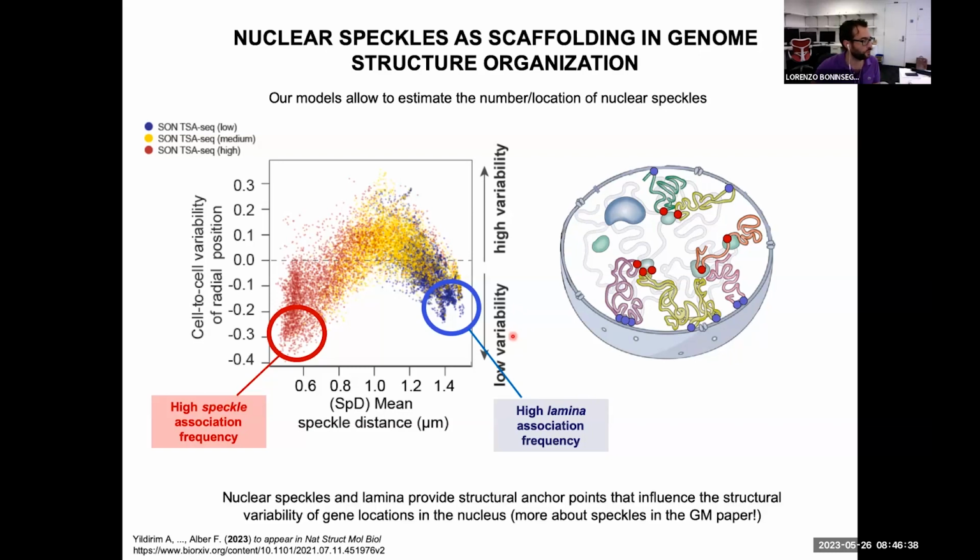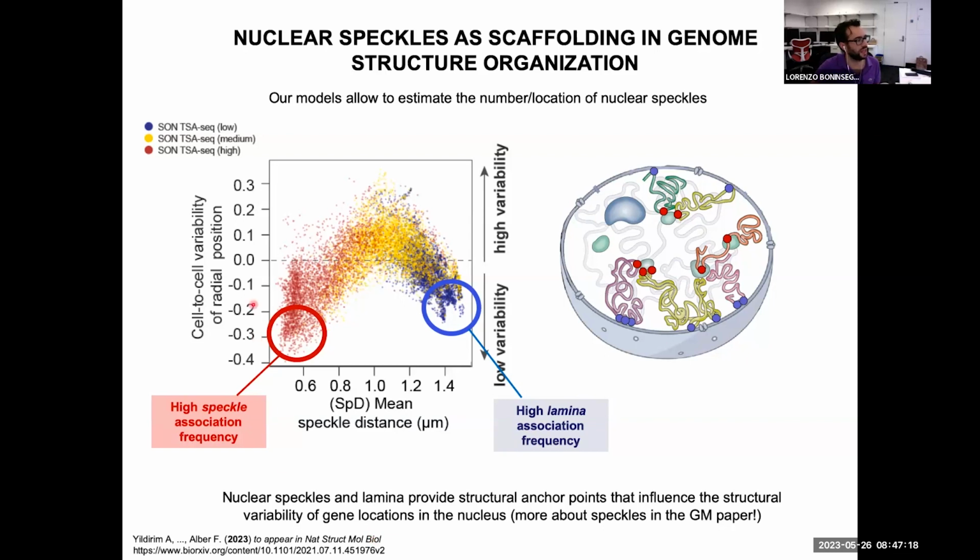And so we propose in the paper that those regions, like the nuclear speckles and the lamina, provide structural anchor points around which the organization of the chromatin revolves, basically. And there is so much more about speckles that we can say from computing the microenvironment of the loci. I totally suggest that you take a look at this paper, which is about to come out.